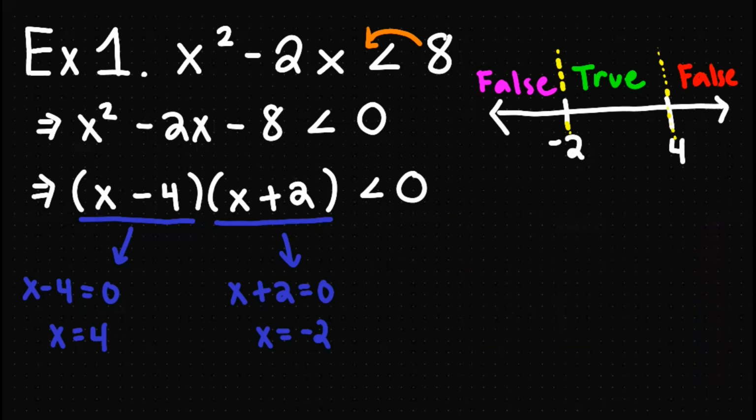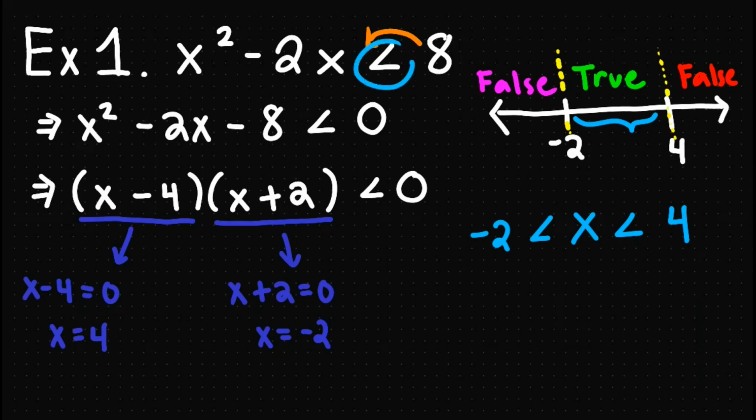Therefore, the only valid region that we got is the region in the middle. Therefore, we say that the solution set for this one is x is between negative 2 and 4 without them included, or what I mean is negative 2 and 4 are not included since we don't have an equal to in our inequality.